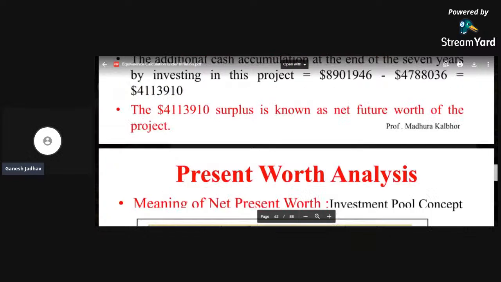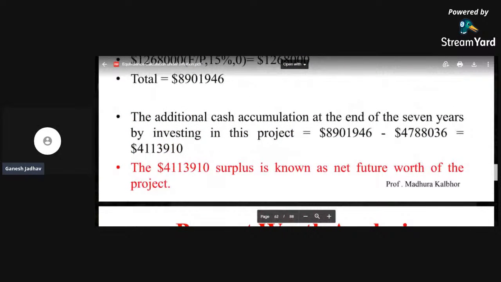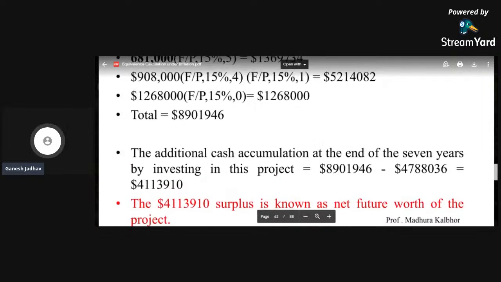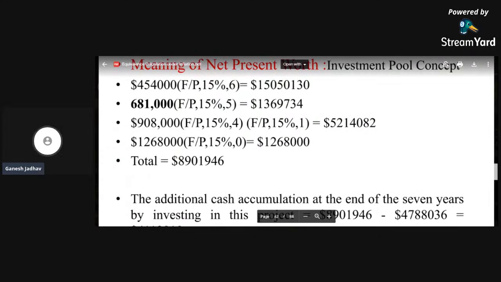Then another one, here is the additional cash analysis, additional cash accumulation. How can you calculate the additional cash?